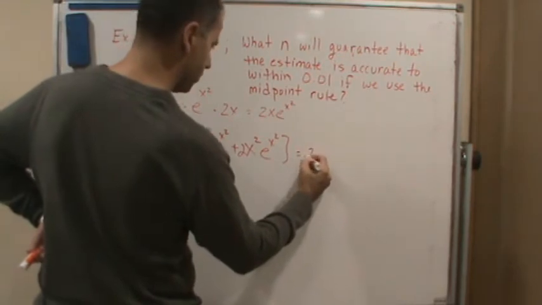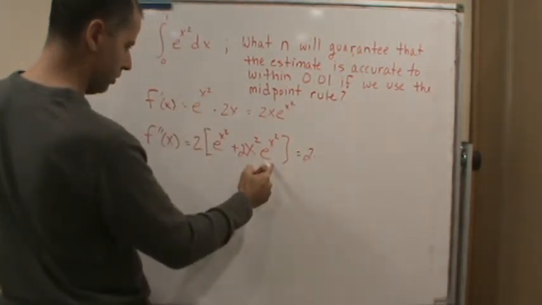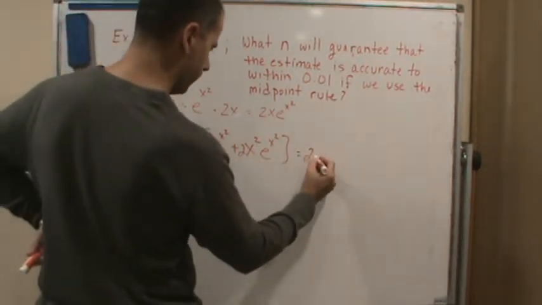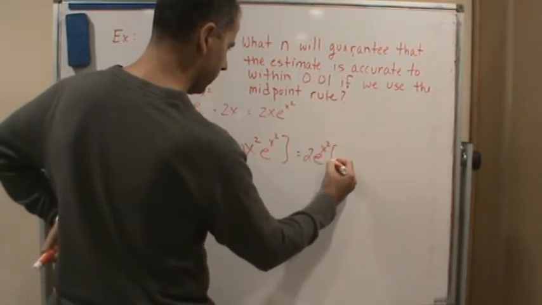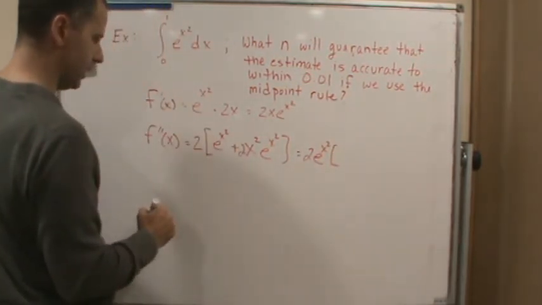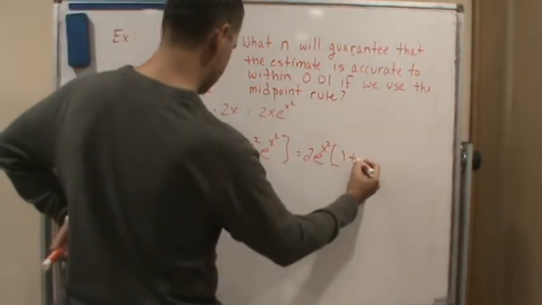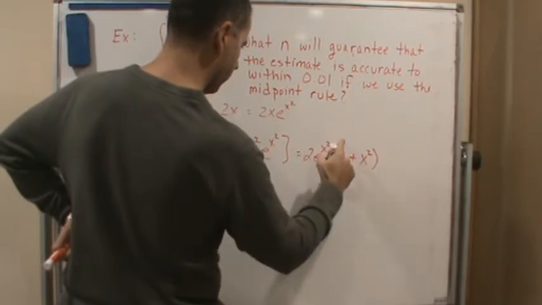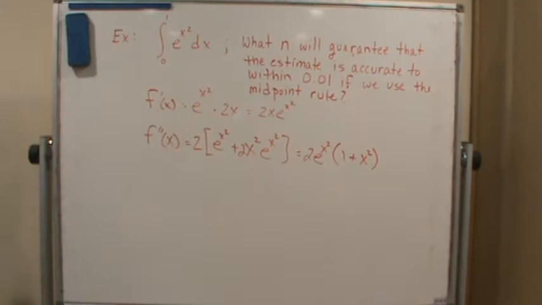Actually, we could factor out e to the x squared. So that's going to give us 2 e to the x squared times 1 plus x squared. So that's our second derivative.